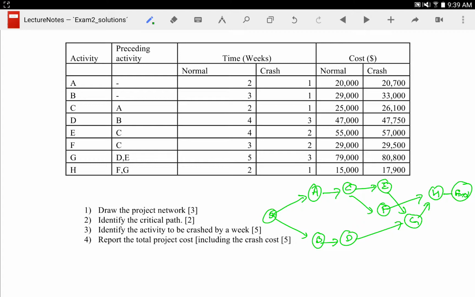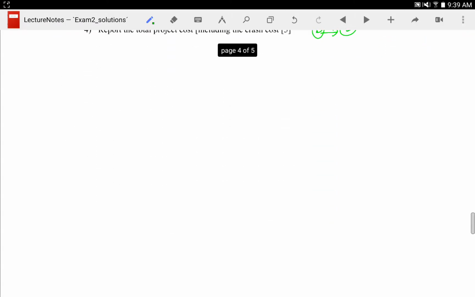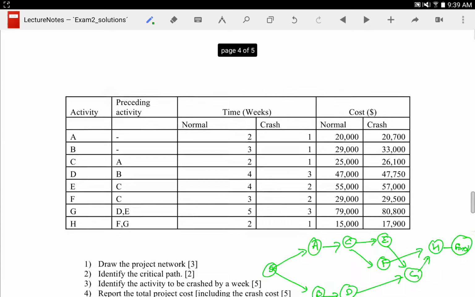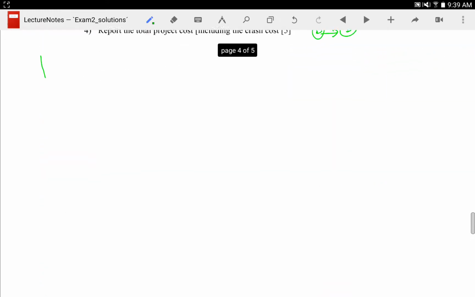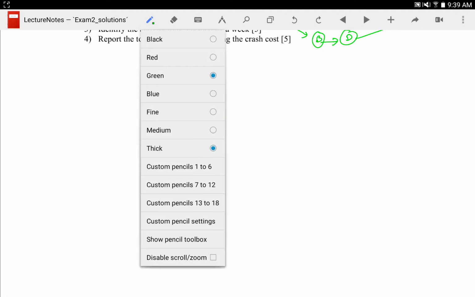Well, identify the critical path. To identify the critical path, now we have to do this whole thing in a much more sophisticated way. Let me make the rectangles that you are used to, and just rewrite what we made earlier.